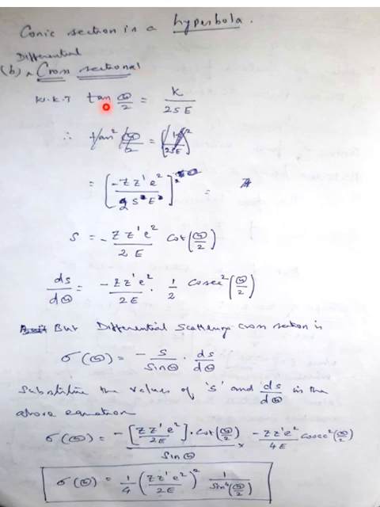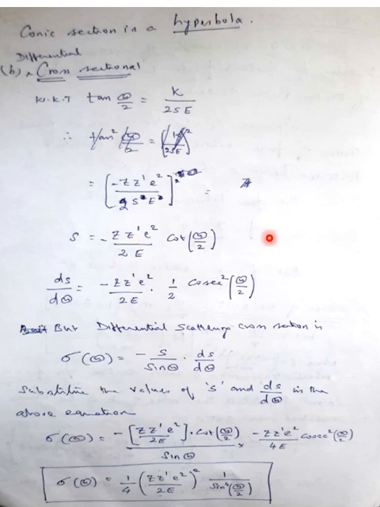Now, we know the value of S and ds by d theta. Therefore, the differential cross-sectional area, sigma of theta, is equal to minus S by sin theta ds by d theta. Substitute the value of S and ds by d theta here, and you will get the differential cross-sectional area, sigma of theta, equal to 1 by 4 into Z dash E square by 2E the whole square into 1 by sin power 4 theta by 2.